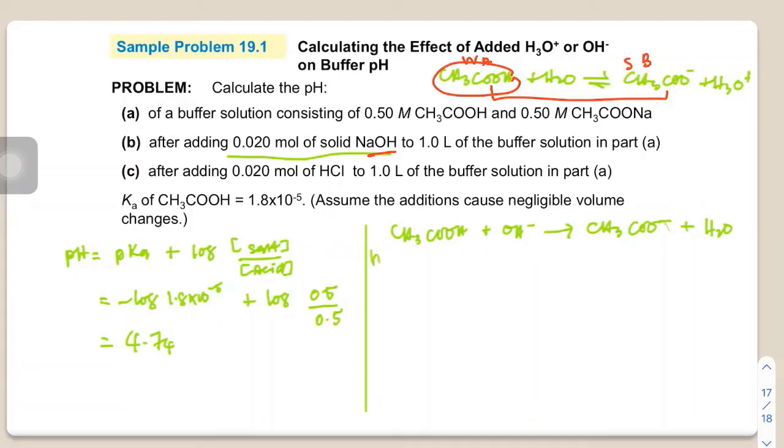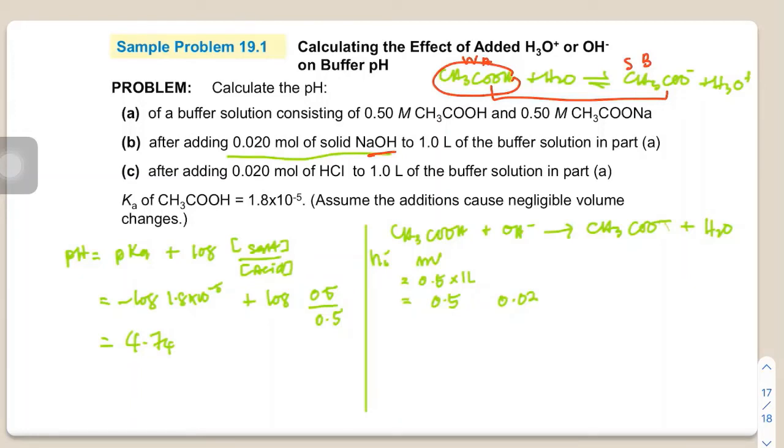So the initial amount of the acetic acid is MV, which is equal to 0.5 molar multiplied by 1 liter. So the initial amount is 0.5 mole. Hydroxide that is being added is 0.02 mole.